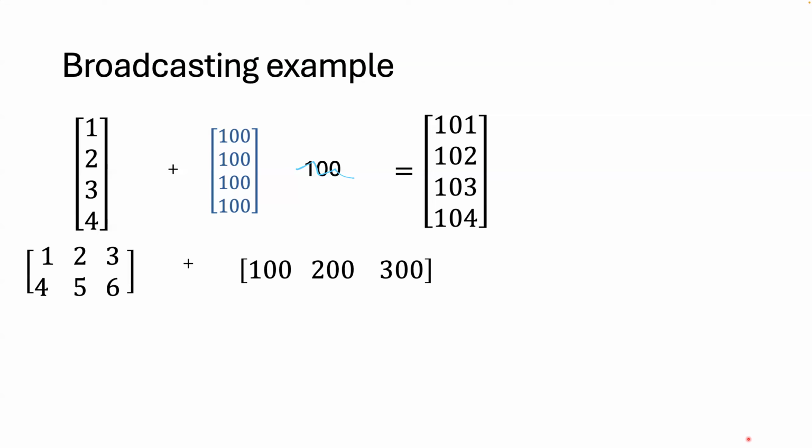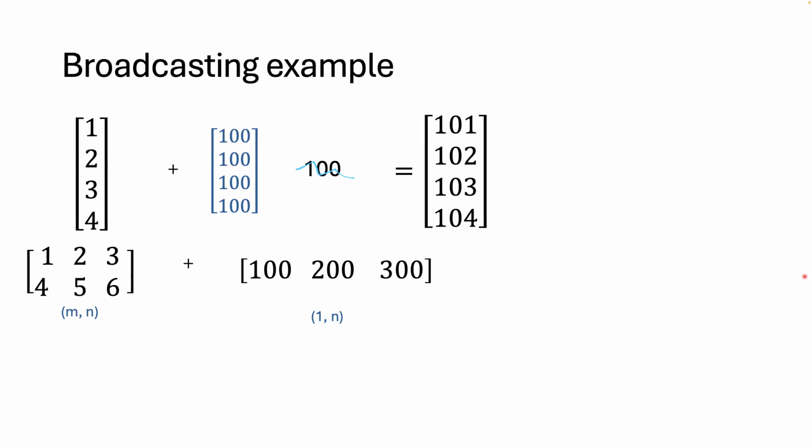So here's another example. Let's say you have a 2 by 3 matrix, with 2 rows and 3 columns, and you want to add it to a 1 by n matrix. The general case would be if you have an m by n matrix and you add it to a 1 by n matrix. What Python really does is copy the row m times.